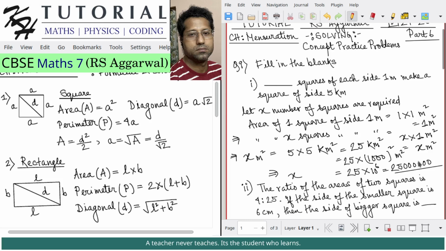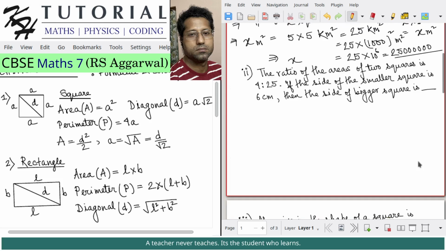Okay, let's do the second part. The ratio of the areas of two squares is 4:25. If the side of the smaller square is 6 centimeter, then the side of bigger square is. Okay, so the ratio of the area is given.